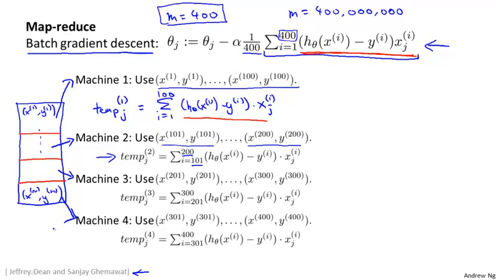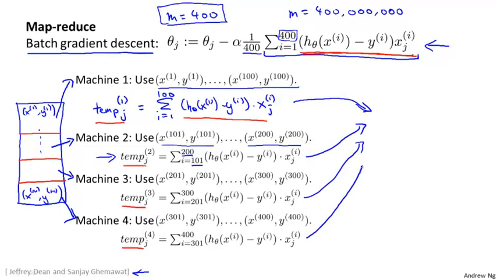Finally, after all these machines have done this work, I'm going to take these temp variables and put them back together. So I'm going to take these variables and send them all to a centralized master server. And what the master server will do is combine these results together.